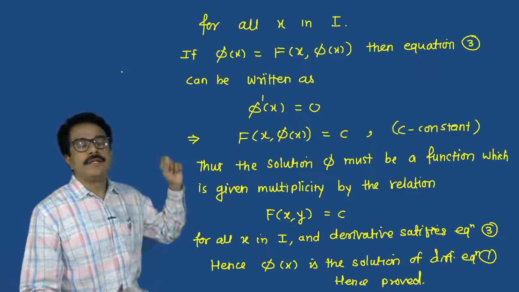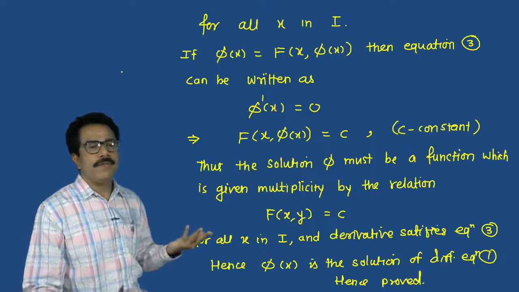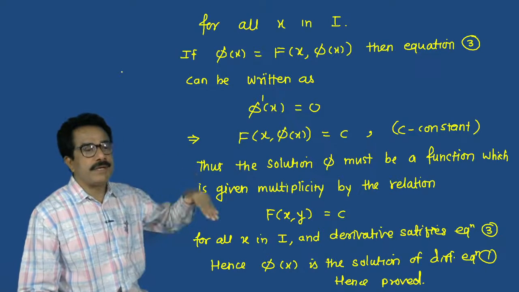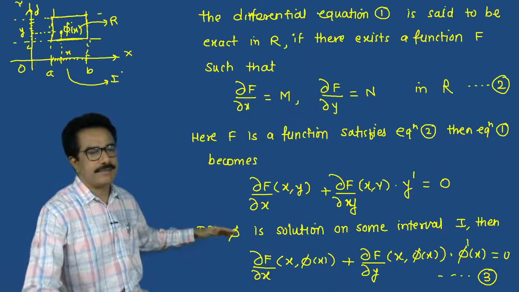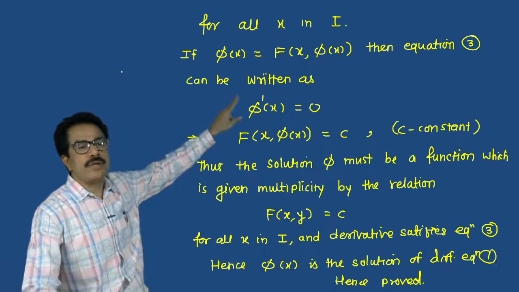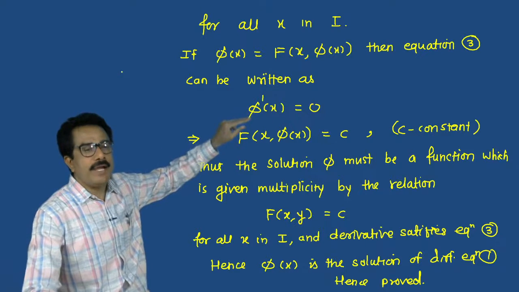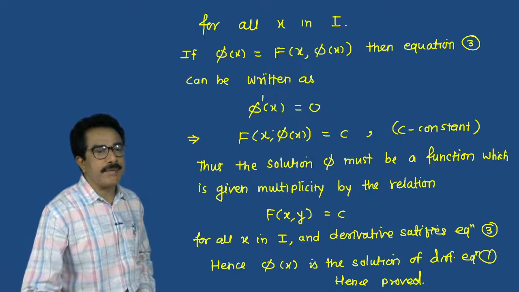If phi dash of x is equal to f of x comma phi of x, then equation 3 can be written as follows.